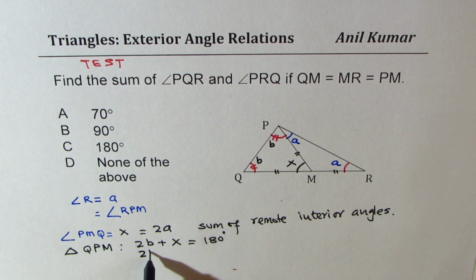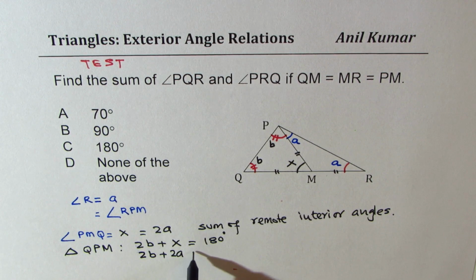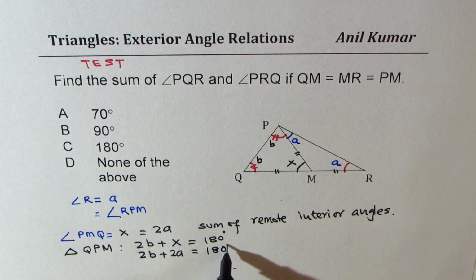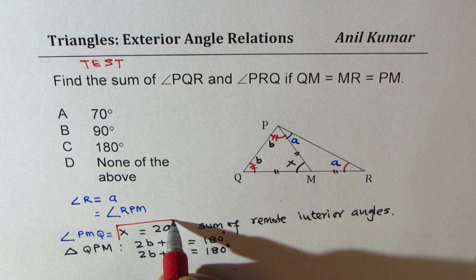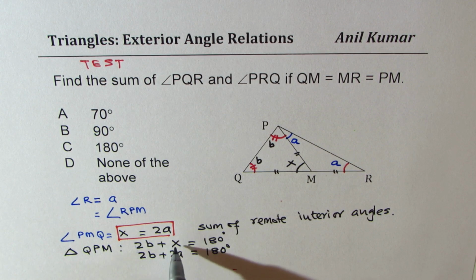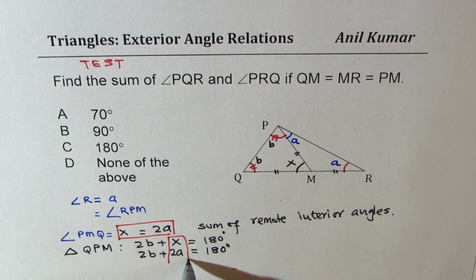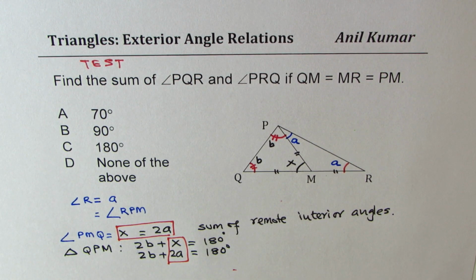So we could write this as 2B plus 2A equals 180 degrees. What I did was I substituted X equals 2A. Do you see that? So 2B plus 2A is 180 degrees.